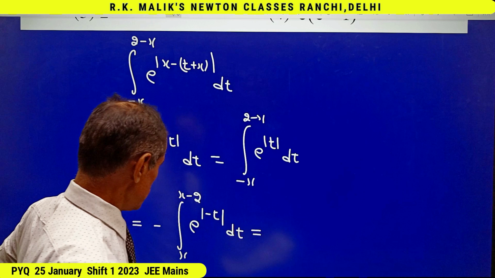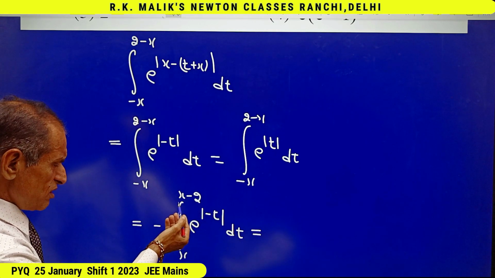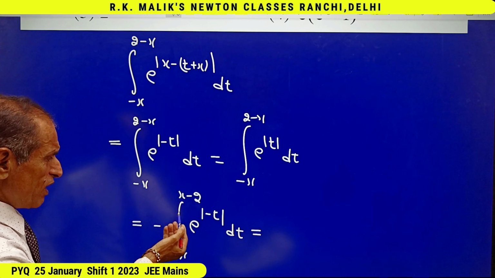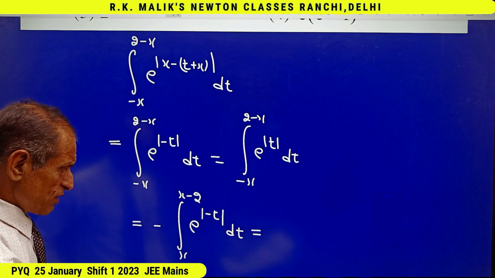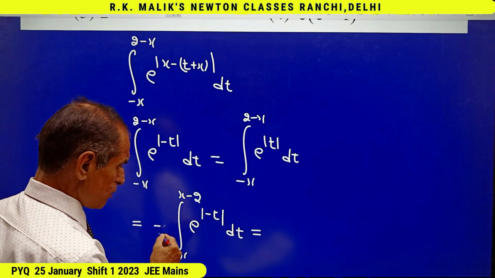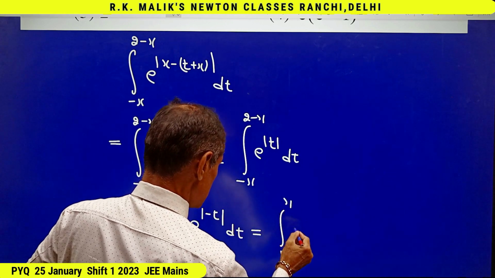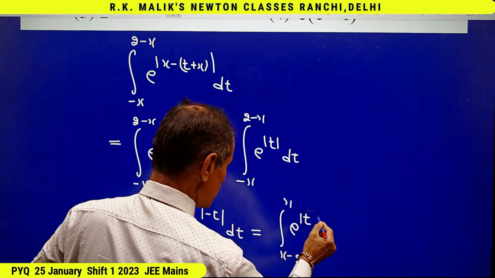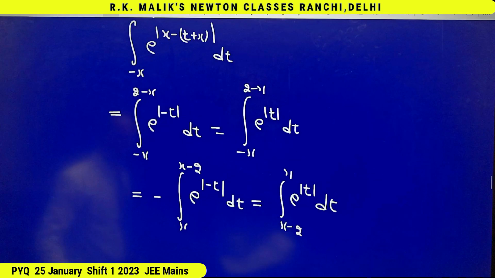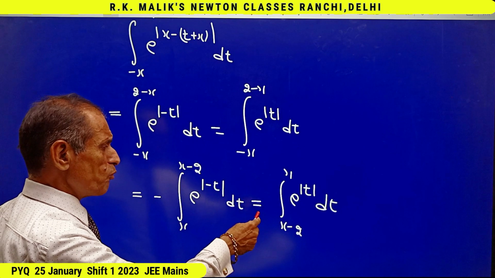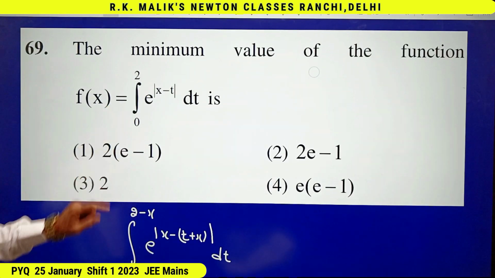Mod of minus t is the same as mod t, but it is always more friendly if the smaller limit is here and the bigger limit is here. Therefore, I remove the minus sign. I write x minus 2 to x, e to the power mod t, dt. Now you can see very easily it will be slightly more simple to deal with as compared to this.